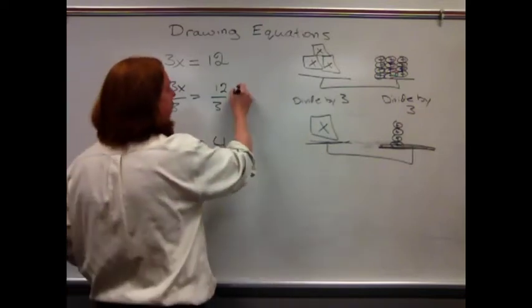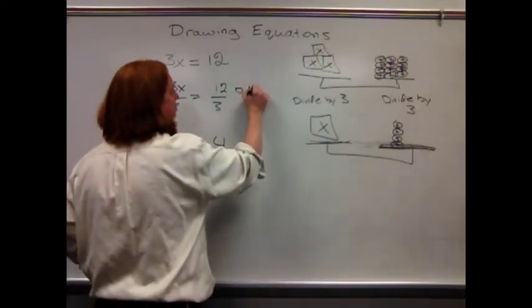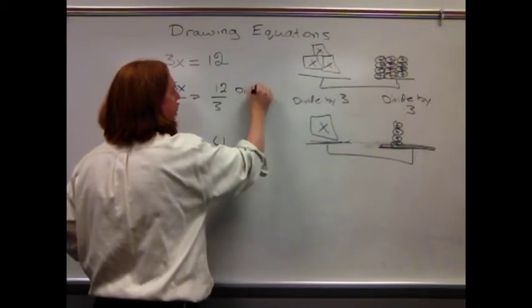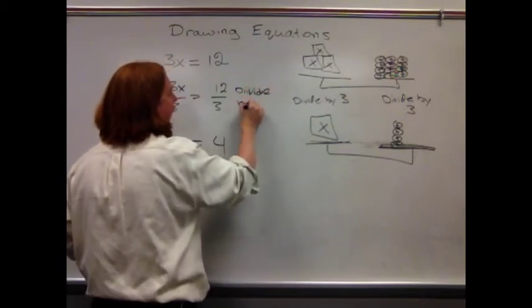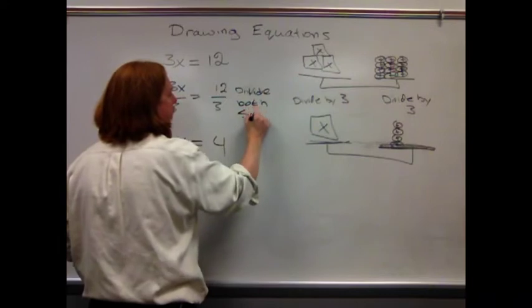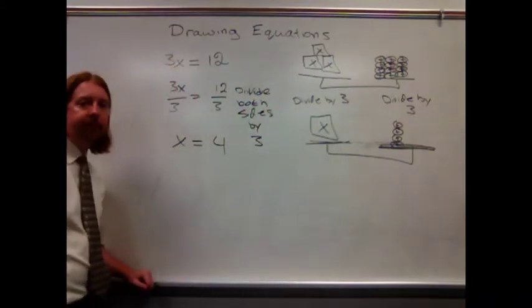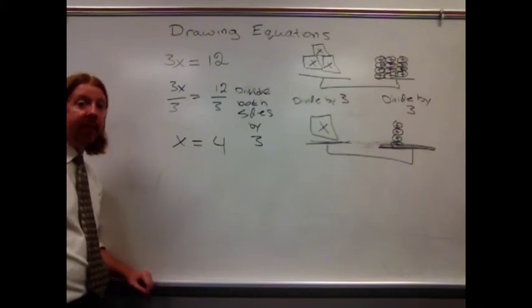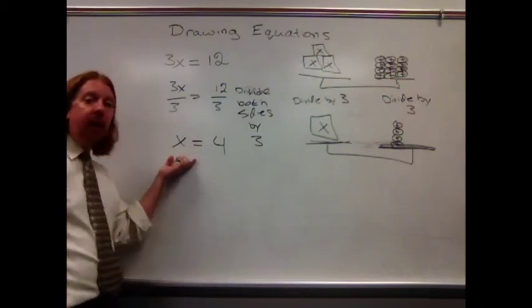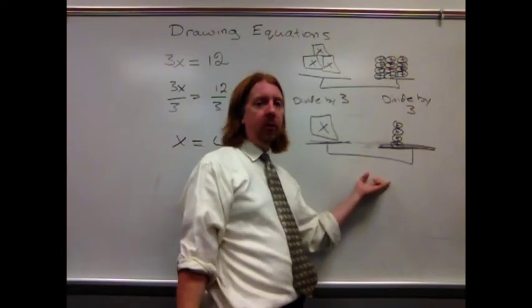What did I do here? I divided both sides by 3. That was what happened stepwise. So I have algebra, English, visual.